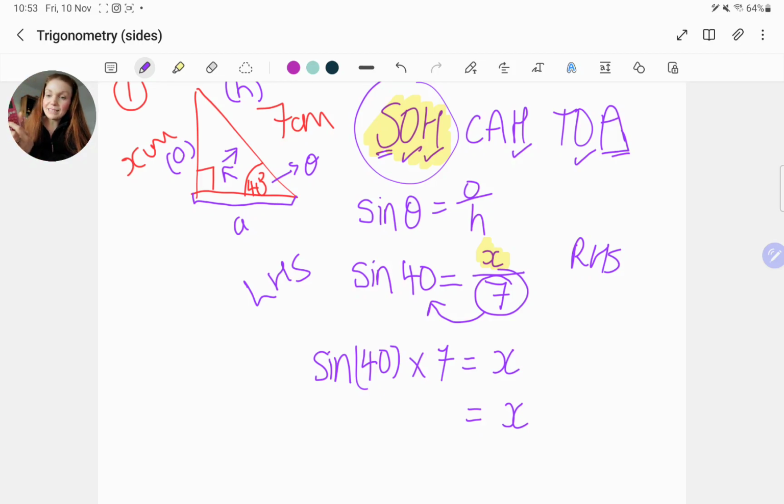So I'm going to type sine 40. Okay, you'll notice it's like that. So hopefully you can see that. What I'm going to do is close that bracket, so that my sine 40 stays all together. Then I'm going to click multiply by 7 equals. And you can see it's given me an answer there of 5.215, etc.